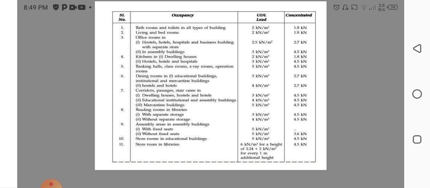For office it is taken as 2.5. For kitchen, dwelling, hostel, hotel we are taking 3 kN per meter square. For banking hall we are taking 3 kN per meter square. For public buildings we have to take 3 to 5 kN per meter square.